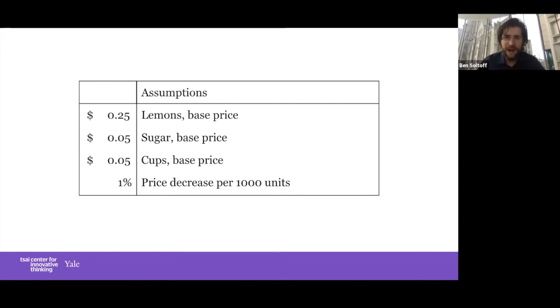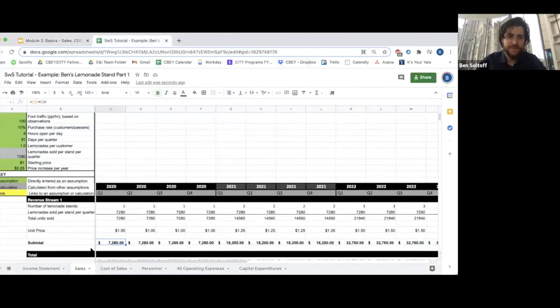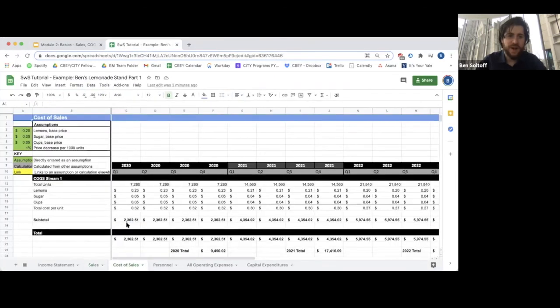So let's see what happens when we put these assumptions into our financial model. So here's our cost of sales. This is the same as cost of goods sold. You can see those same assumptions all in green in the assumptions tab.